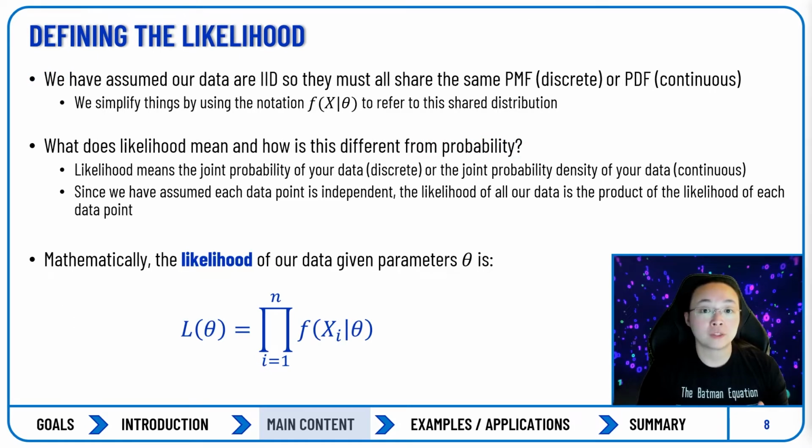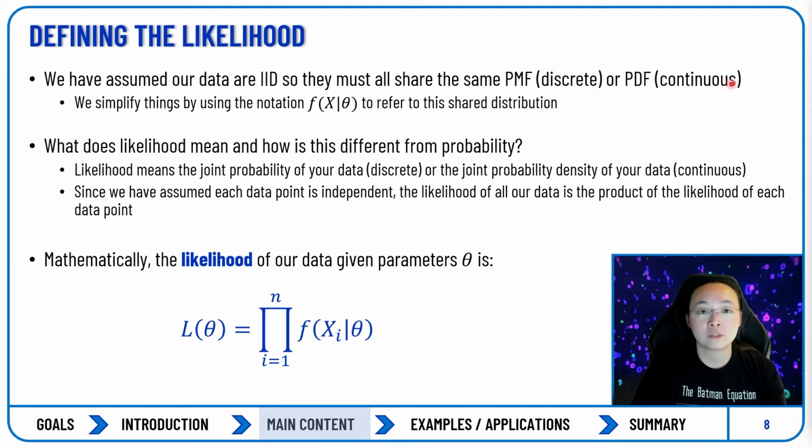So first, we want to define what likelihood means. We've assumed that our data are IID, so remember what that definition means: they have to share the same probability distribution. That's really important. And over here, I have the same PMF or PDF. We've already defined these in previous chapters, but if you have a discrete function, then you're using a probability mass function.